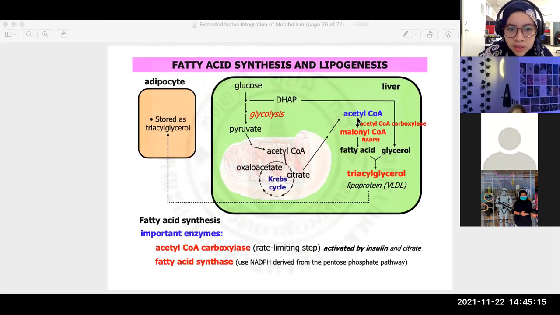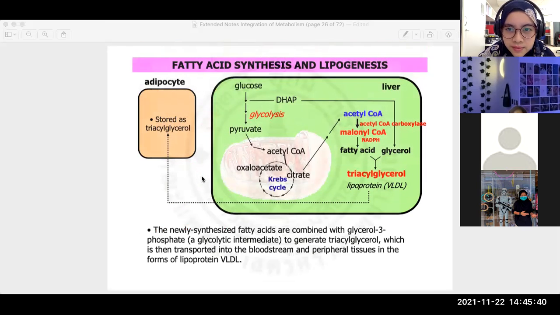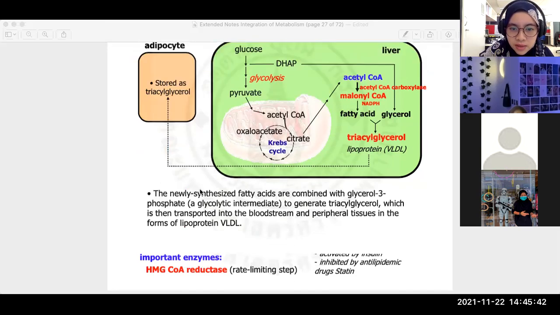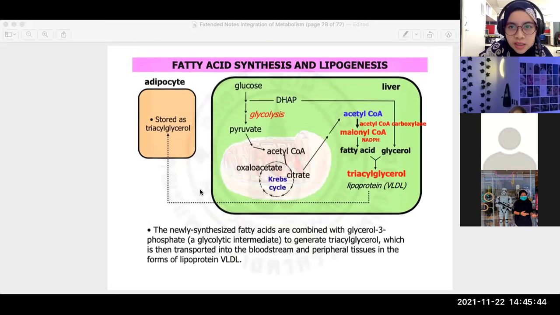The important enzymes for fatty acid synthesis and lipogenesis are acetyl-CoA carboxylase and fatty acid synthase. We will use the free fatty acid and combine it, for example, with glycerol. This is just an example, and it will be transported in the form of lipoprotein to the adipocytes to be stored. So this is lipogenesis.